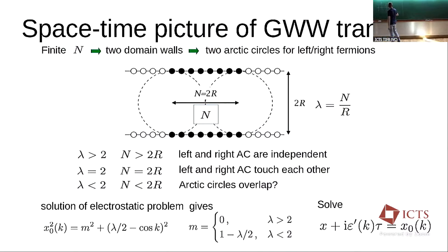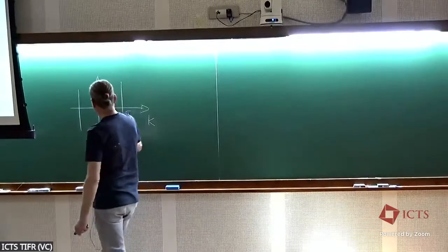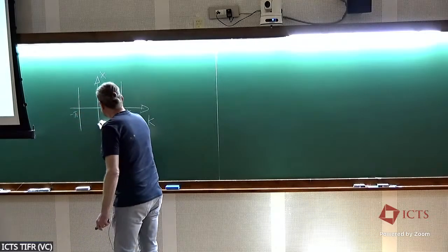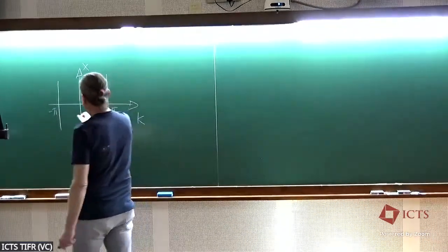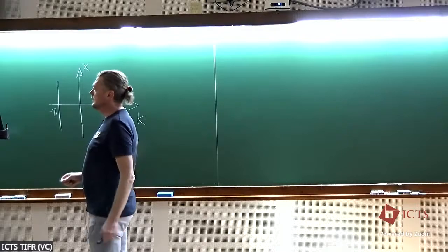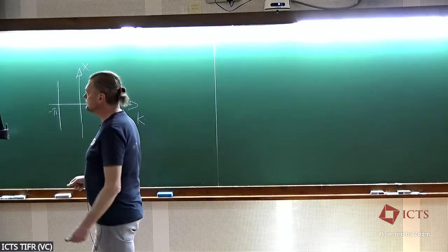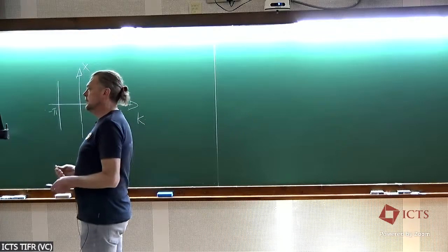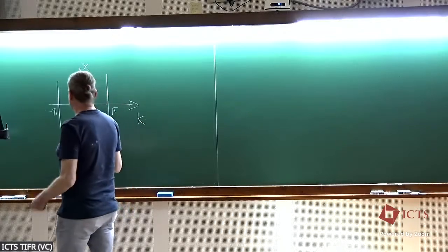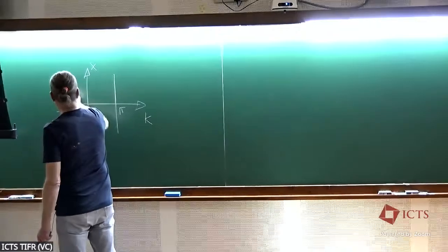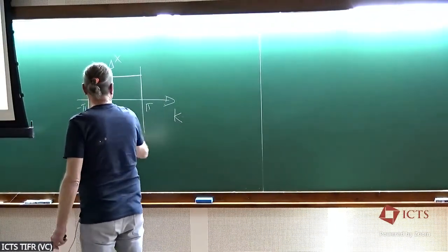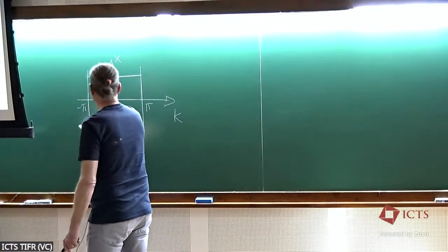unlike what is usually represented here, this is the momentum from minus pi to pi, and this coordinate is x. So when lambda is very large, that means that my electric field in the Coulomb gas is very small, and I'm starting from a flat distribution of charges.